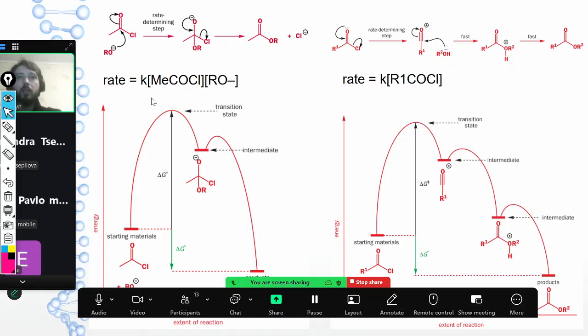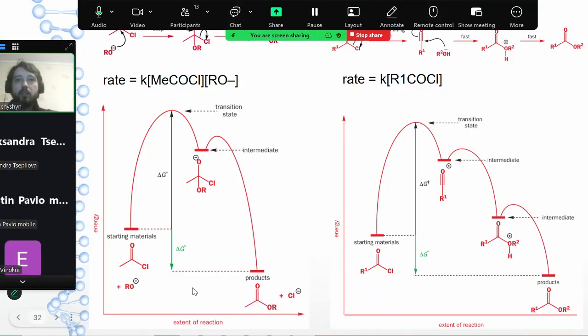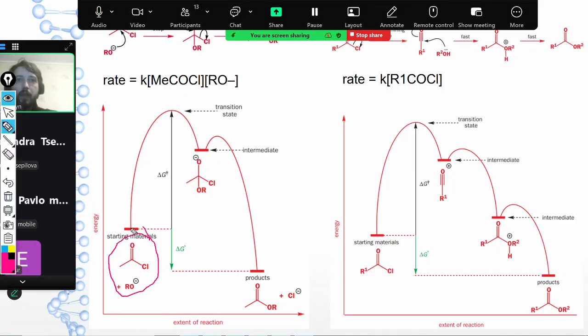So here we can write some sort of reaction rate. This rate is basically based on the so-called rate determining step, this one. But what's interesting is this sort of diagram. So we have the extent of the reaction. Here we have starting materials. They have some Gibbs free energy.